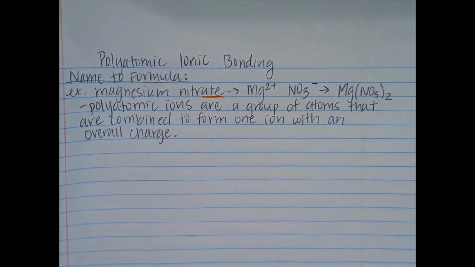So polyatomic ions are a group of atoms that are combined to form one single ion with one single overall charge, and that's either positive or negative, and the number depends on how many electrons the group of atoms gained or lost.